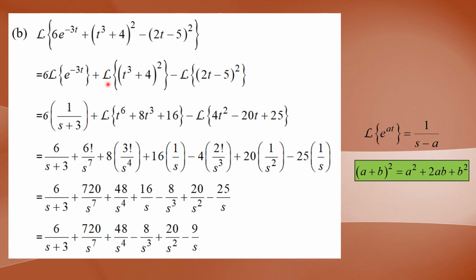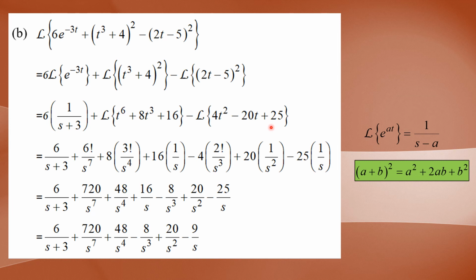So the Laplace transform of the square of this function is equal to the Laplace transform of t to the power of 6 plus 8t cubed plus 16, minus the Laplace transform of the square of 2t minus 5. You can take 2t minus 5, multiply by 2t minus 5 and then multiply term by term to get this expression.